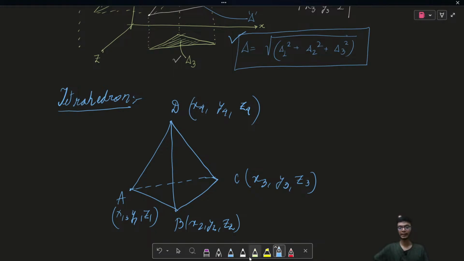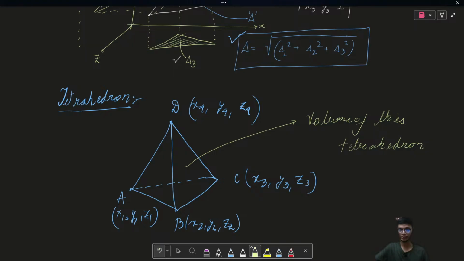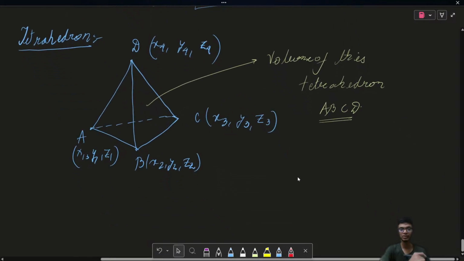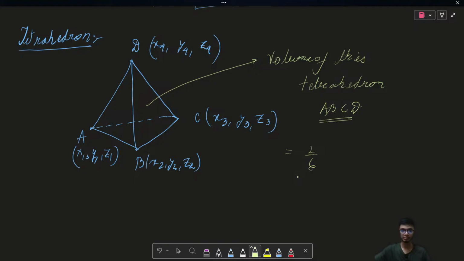Now we have already seen that in order to find the volume of this tetrahedron ABCD, we can obtain it by taking 1/6 and the following three vectors.